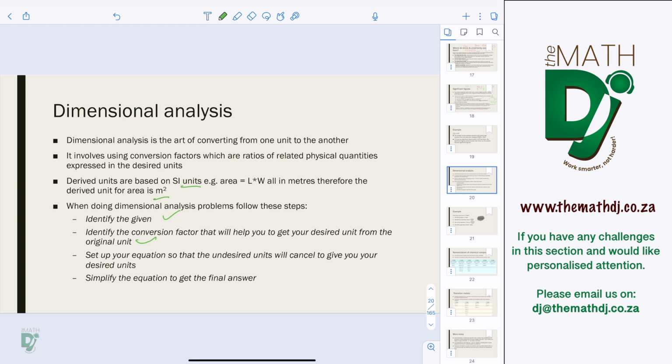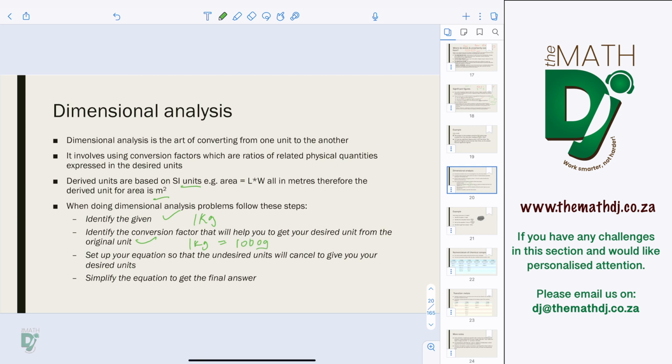Okay, so let's say we are given 1 kg. Then they say we want it in grams. So we identify what is given: we're given mass in kgs. Then identify the conversion factor. You want grams, so you know that 1 kg is equal to 1000 grams.